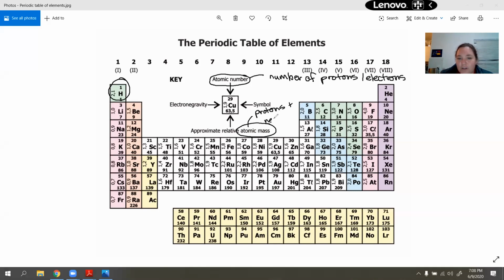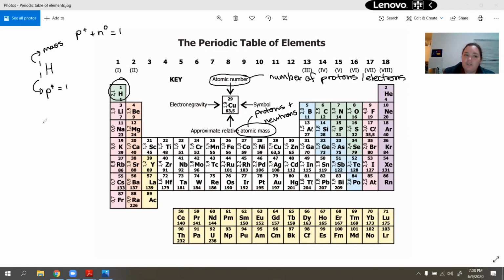plus your neutrons. That means that if we look at hydrogen, which we can write as H 1 1, the top number, which is the mass number, tells us that our number of protons, which I call P+, plus the number of neutrons must be 1. And the bottom number over here tells me that my number of protons is 1.